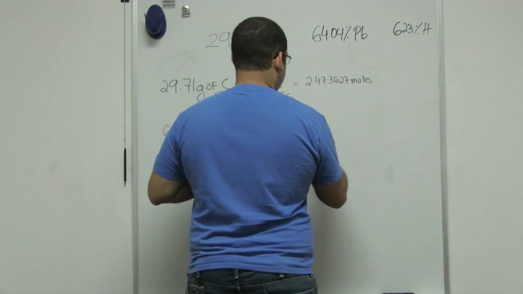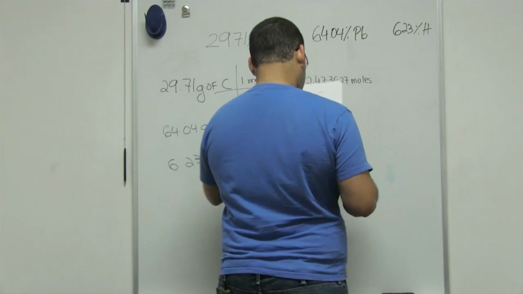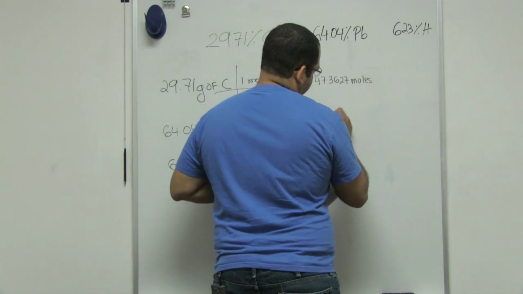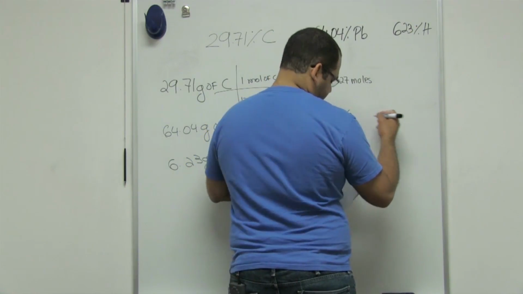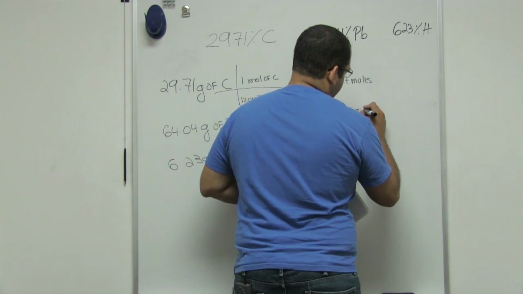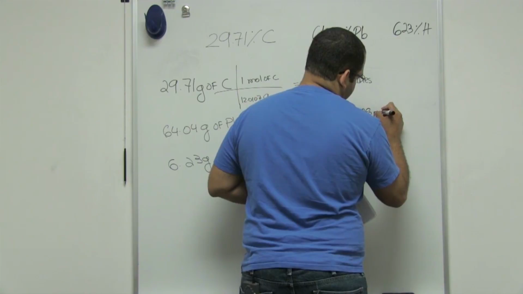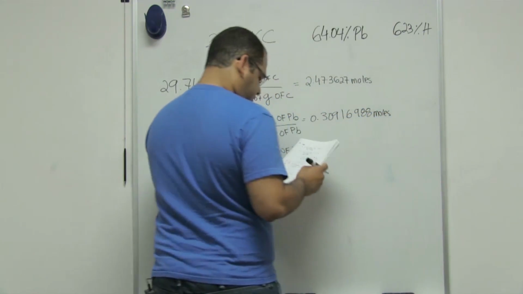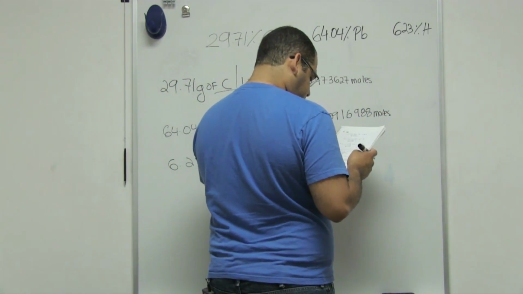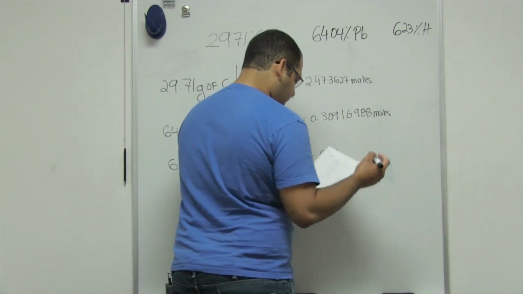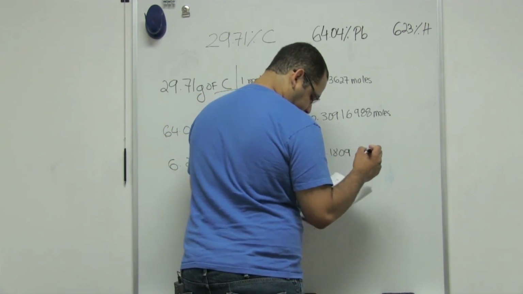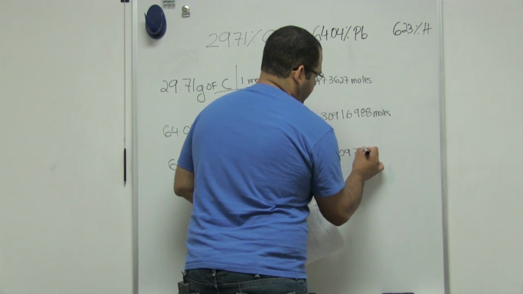For lead, I got 0.30916988 moles. And for hydrogen, I got 6.180923 moles.